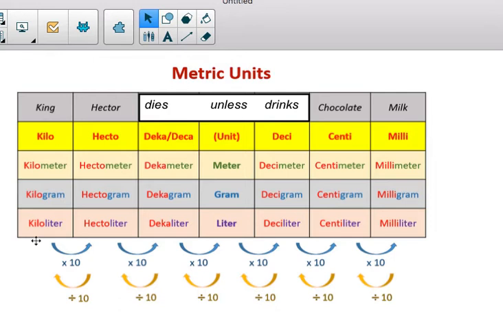So in my everyday life, the only one I've been hearing about was the liter. The liter divided into 10 would be a deciliter, divided into 100, a centiliter, and divided into a thousand, a milliliter.